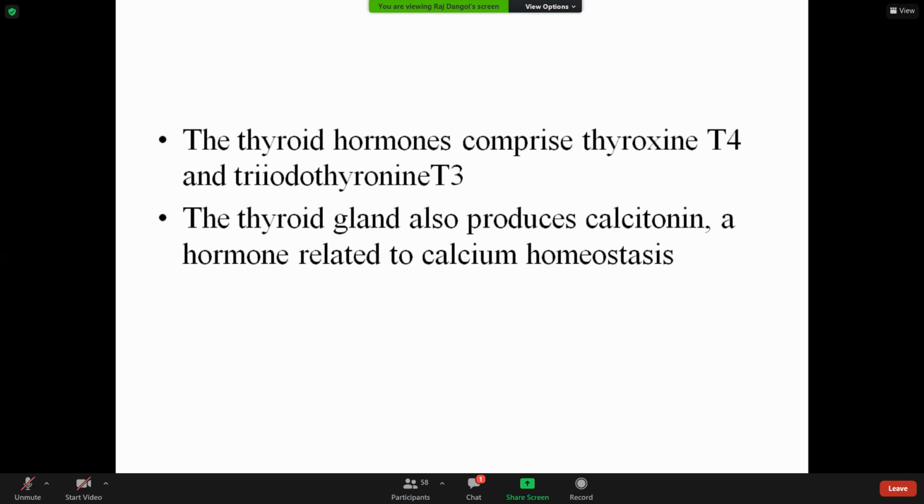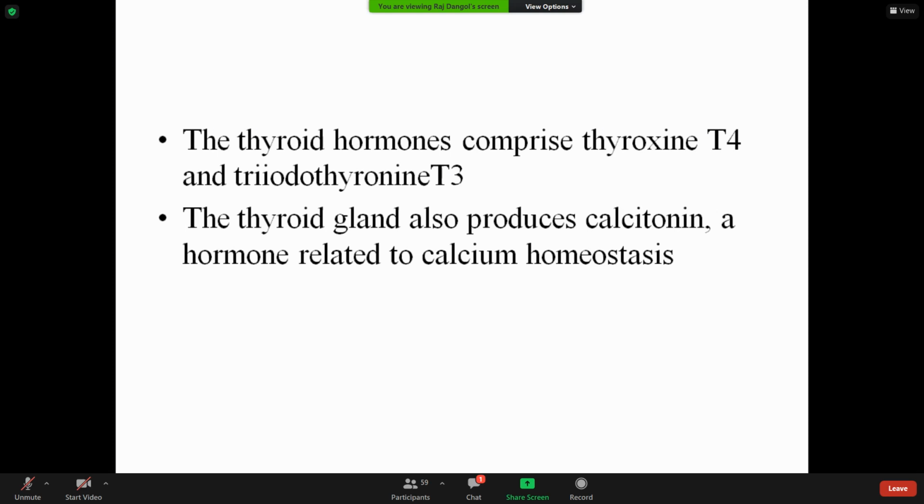That is thyroxine, which is also called tetraiodothyronine, and triiodothyronine. The thyroid gland also synthesizes another hormone. Especially the parafollicular cells of the thyroid gland produce another hormone, that is calcitonin, which is related to calcium homeostasis. We'll discuss calcitonin during a consecutive class.